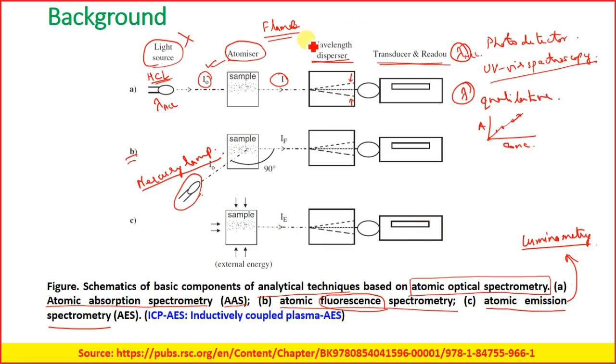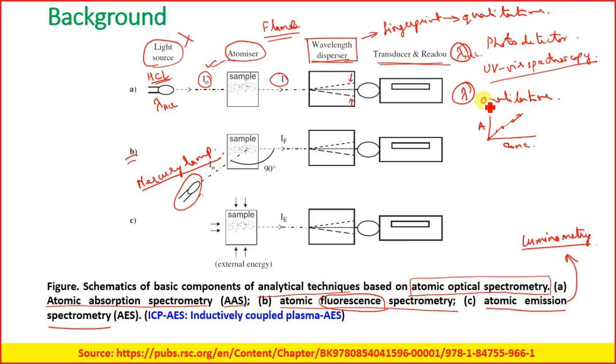You can go for the wavelength dispersion, and from the spectrum you get, you can obtain the fingerprint of a particular compound, and from that fingerprint you can go for the qualitative analysis.